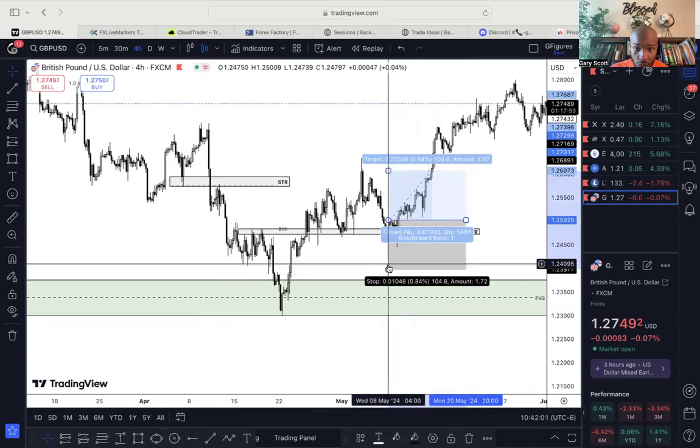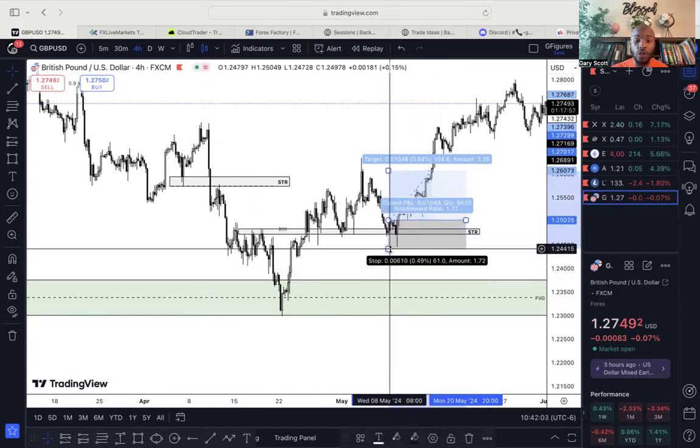After that candle closes, we always want to enter after a candle closes, not when it's moving. You want to take entry when a candle closes, and it gives you that fresh new candle.